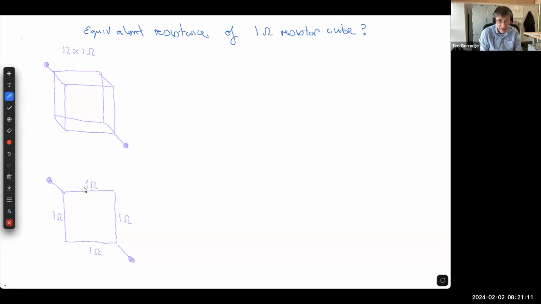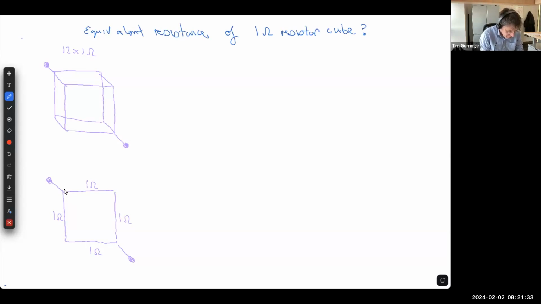So this is just a 2-dimensional square. The more complicated problem is a 3-dimensional cube. In the square, we've got 4 sides, and we're going to imagine that each of those 4 sides has a resistance of 1 ohm. In this case, because it's just 4 sides, I've literally marked each of the resistances 1 ohm.